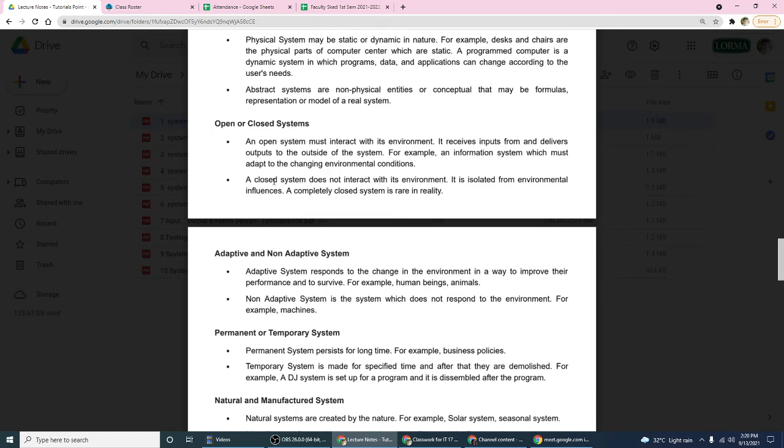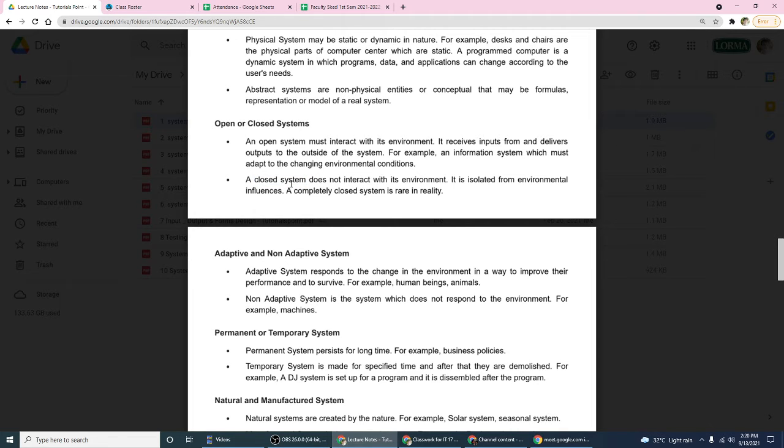But for the closed system, if there are changes in the organization or you need an additional feature, you cannot do that. That is a static system.